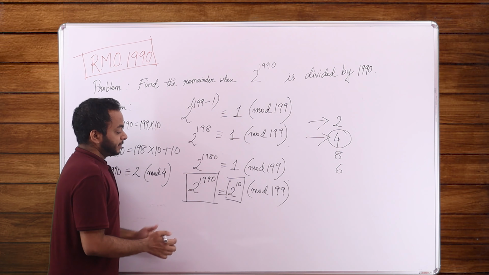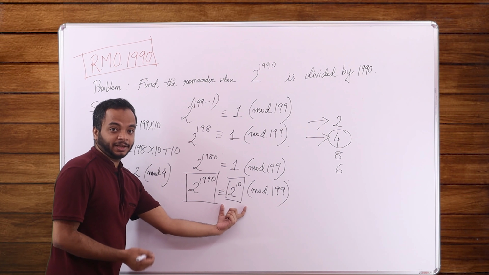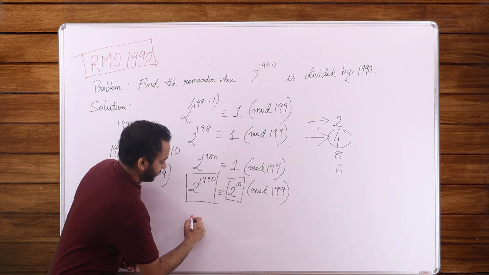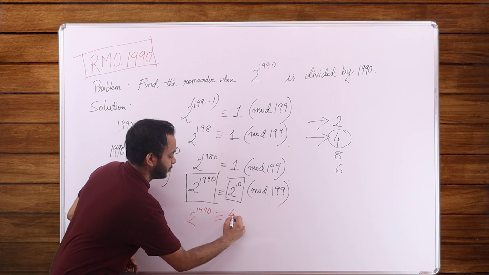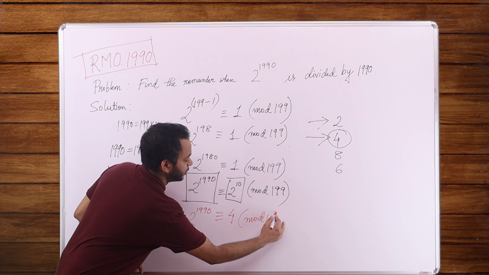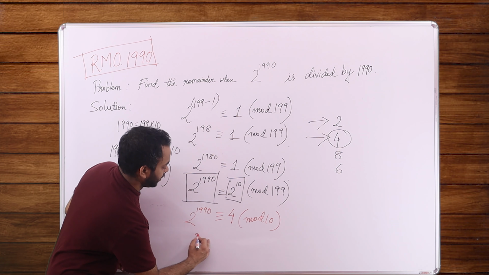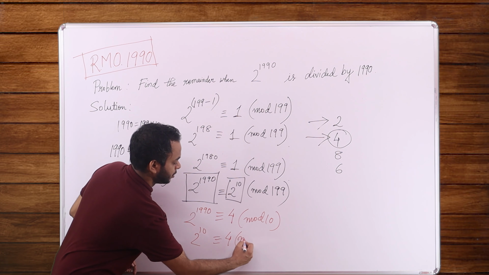And so the last digit of 2 to the power 1990 is 4, as well as that of 2 to the power 10. So we finally get that 2 to the power 1990 is congruent to 4 modulo 10, as well as 2 to the power 10 is congruent to 4 modulo 10.